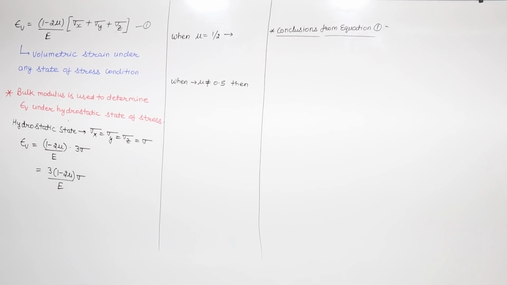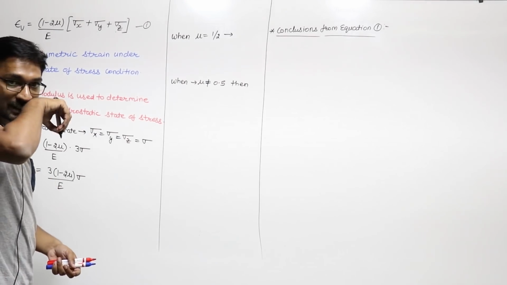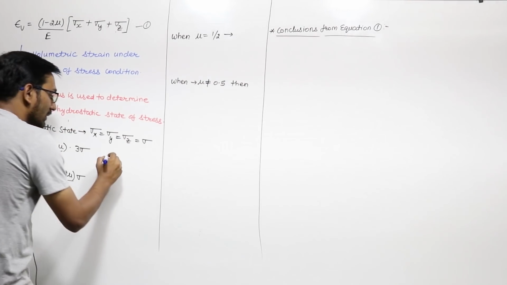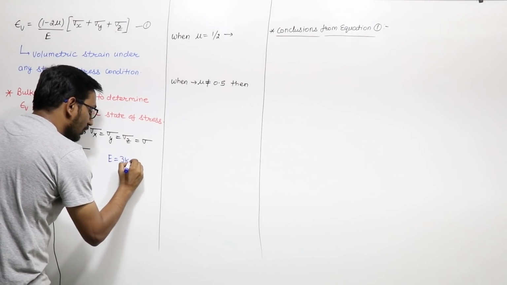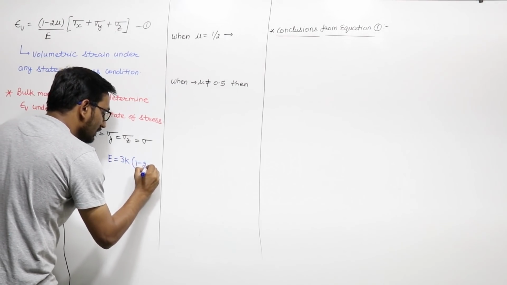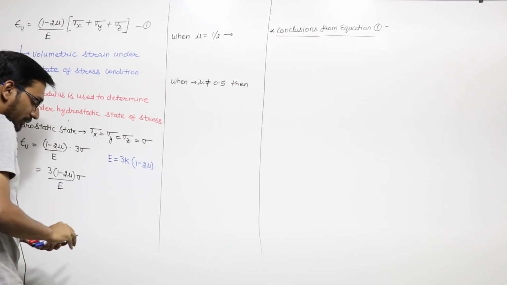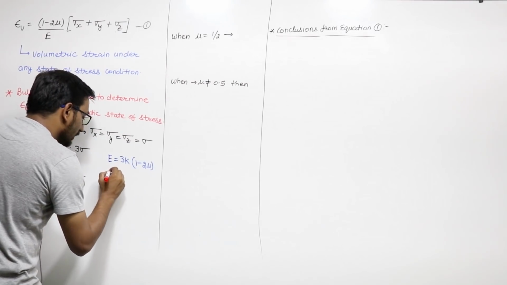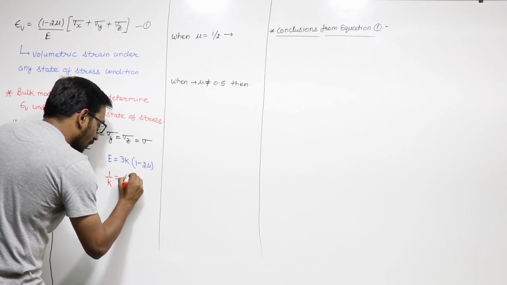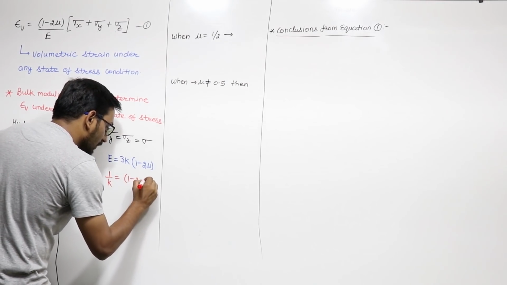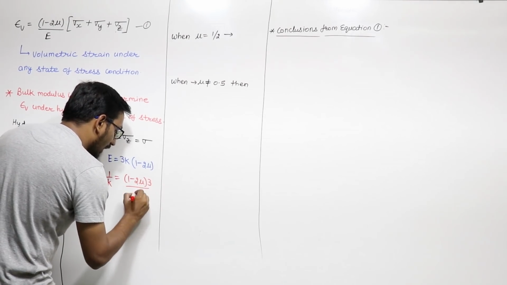From the relationship between E and K, we know that E is equal to 3K into (1 minus 2 mu), right? We know this. So 1 by K is equal to (1 minus 2 mu) into 3 upon E.